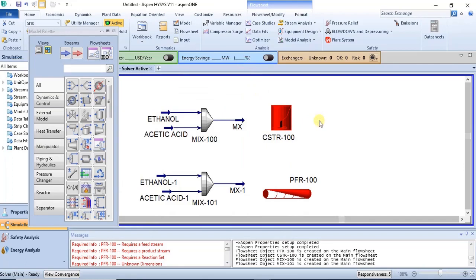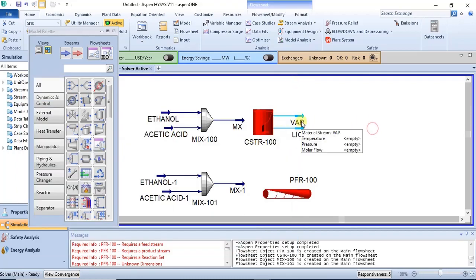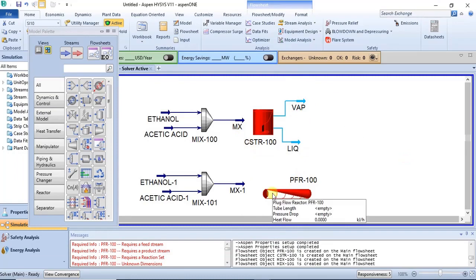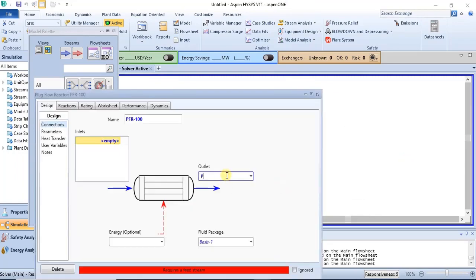So at this point, we can begin to consider modeling the reactor. First, let's add streams to the reactor. Attach material streams as usual to your equipment.